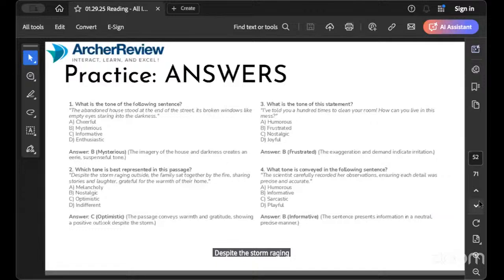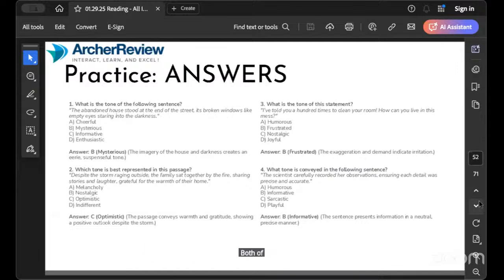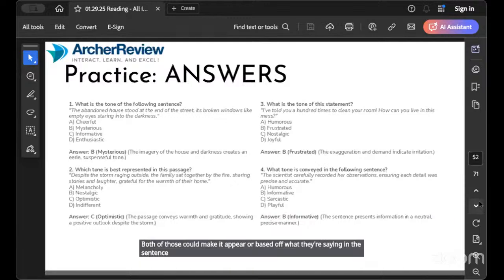I can see where that one would be. Oh, you're fine. So for number 2, nostalgic and melancholy could also, I think A and B, both of those could make it appear, based off what they're saying in the sentence, it could appear melancholy because melancholy is expressing that little bit of sadness. So they sat together, but it's grateful for the warmth of their home.